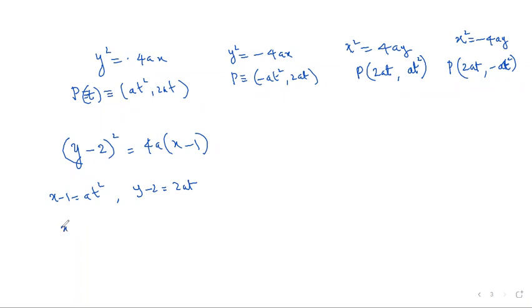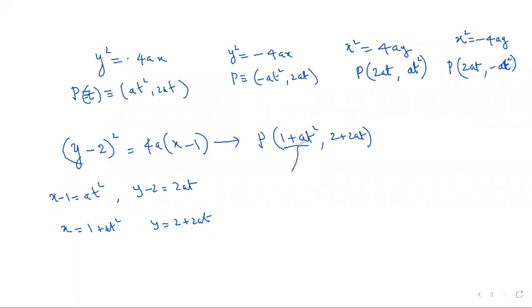That means x should be 1 plus at square and y should be 2 plus 2at. Understood or not? So the coordinate of any point on this parabola will be 1 plus at square comma 2 plus 2at. Understood or not?